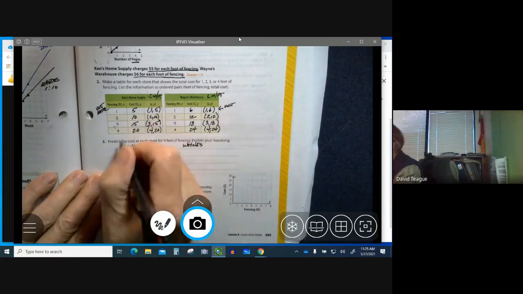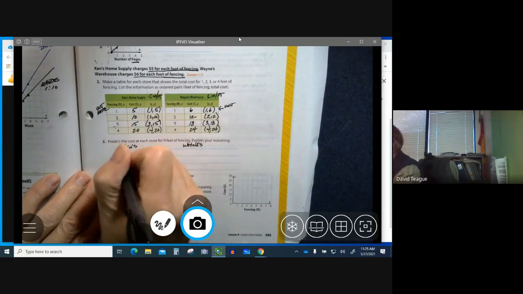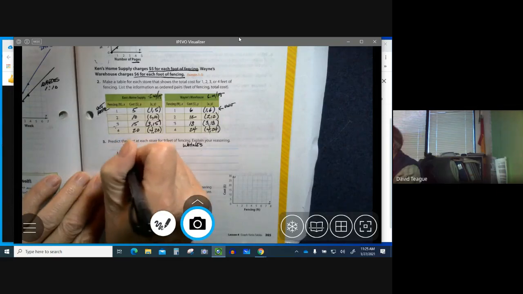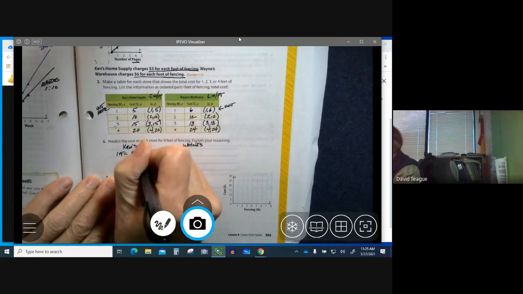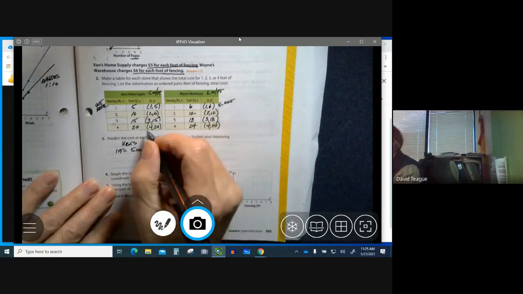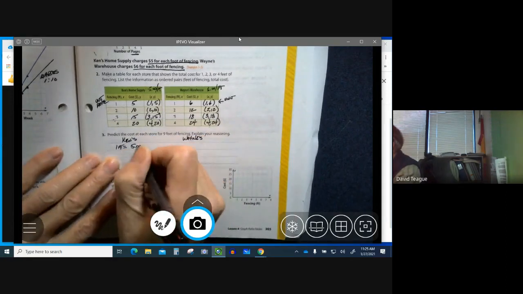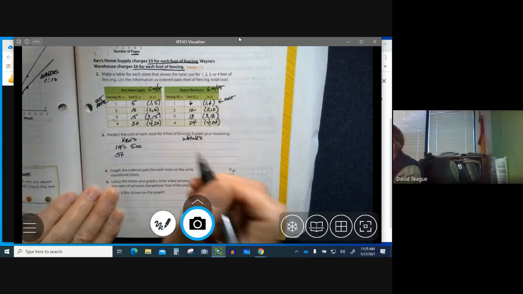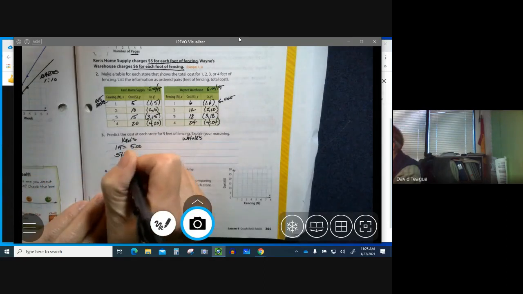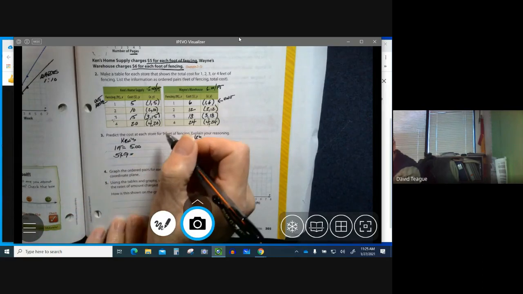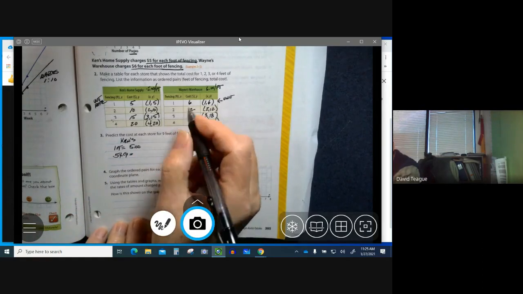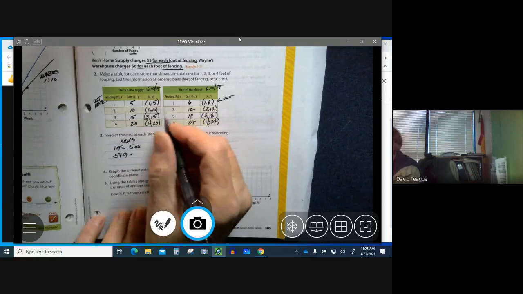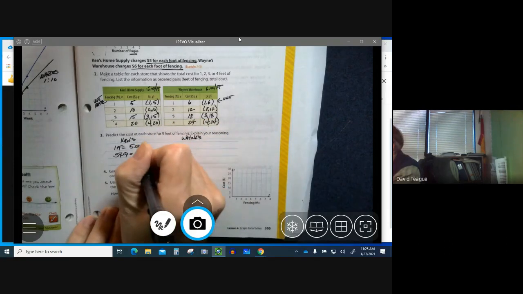We know that the unit rate, or 1 foot, is equal to $5. So if 1 foot is $5, then I just have to multiply 5 times 9, right? And 5 times 9 is 45. So the cost for 9 feet would be $45.